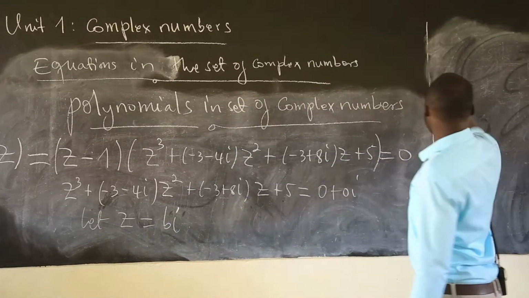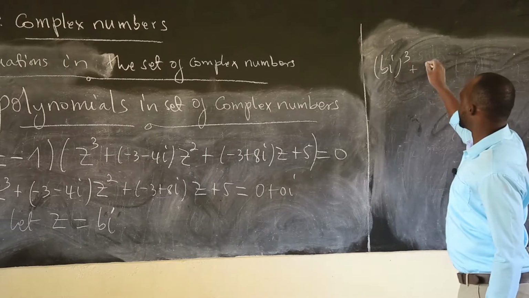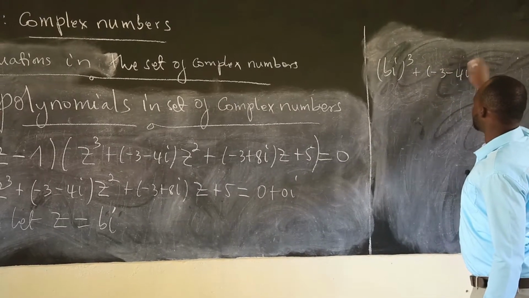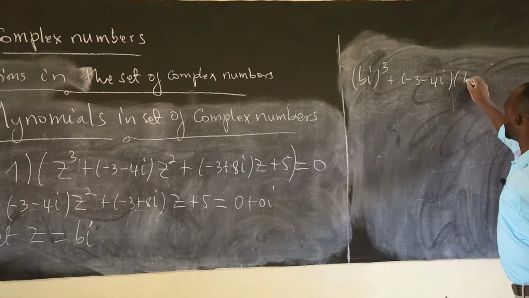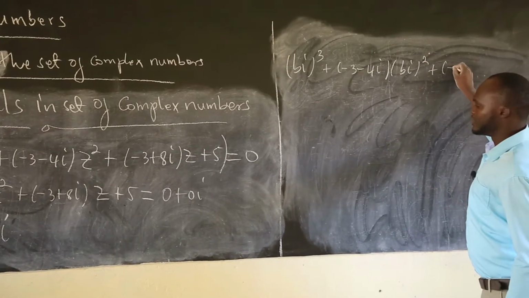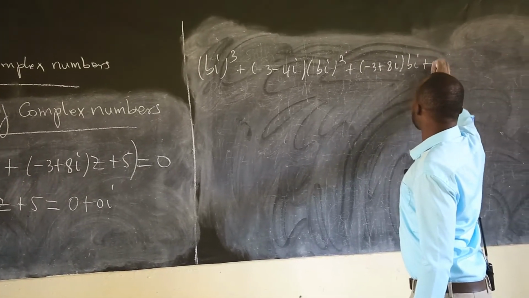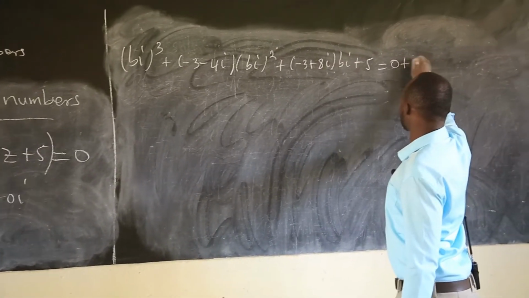So it will be (bi)^3 plus (-3 minus 4i)(bi)^2 plus (-3 plus 8i)(bi) plus 5 equal to 0 plus 0i.